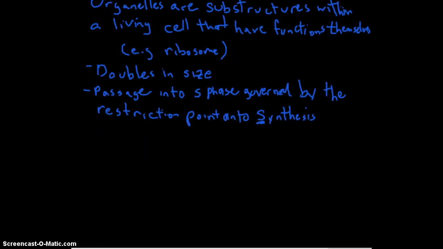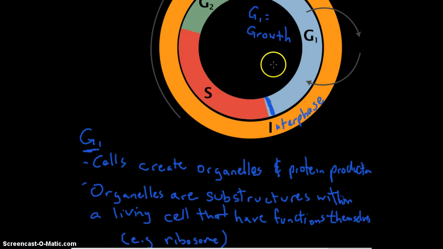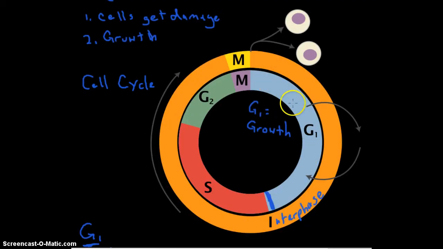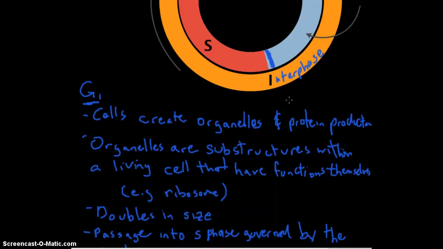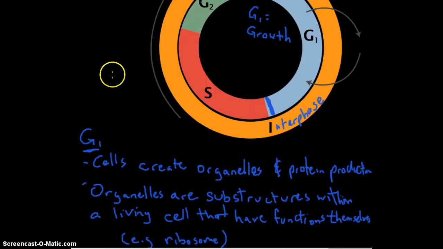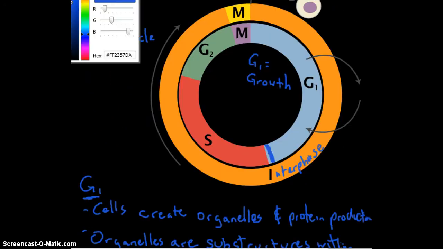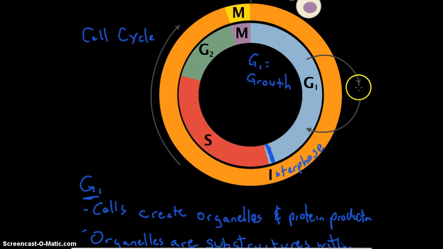The next phase we're going to talk about is, so far we've talked about G1, and we're still talking about what the cell actually has to do in order to fully divide into an identical cell of itself. One other thing I failed to mention in G1 is that there's actually an offshoot onto a phase called G naught.